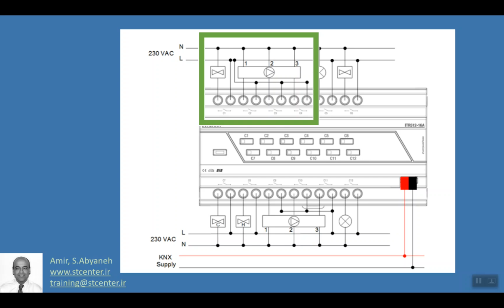This is important, especially for fan coil, shutter and so on. Okay, good. So let's continue with the ETS, because now we understand what we need, the problem is clear, how to do the wiring, and now we are going to configure the ETS.